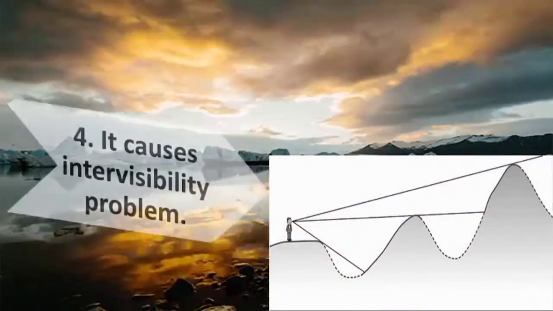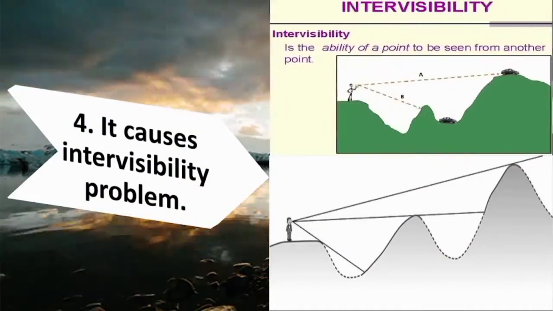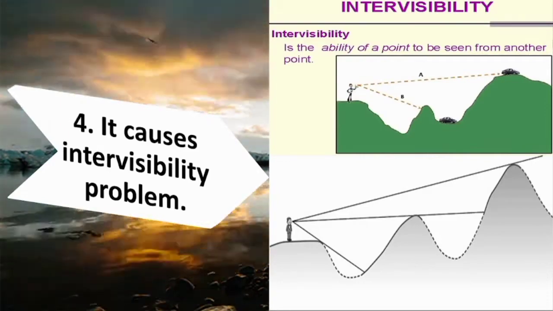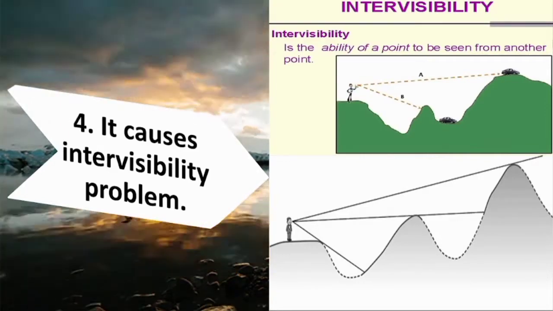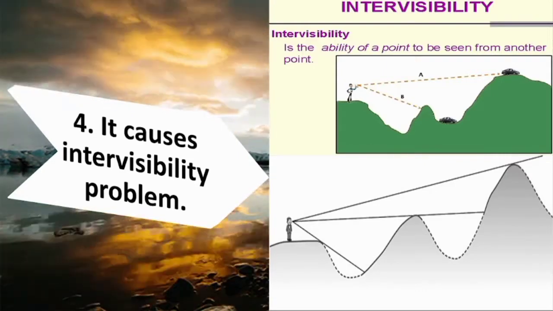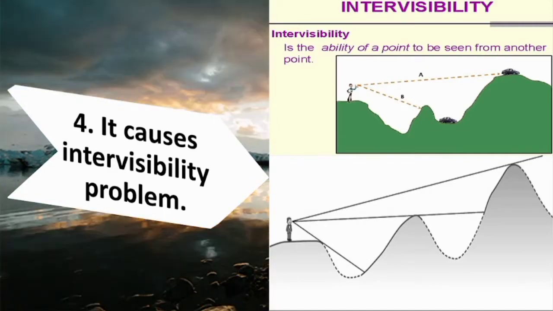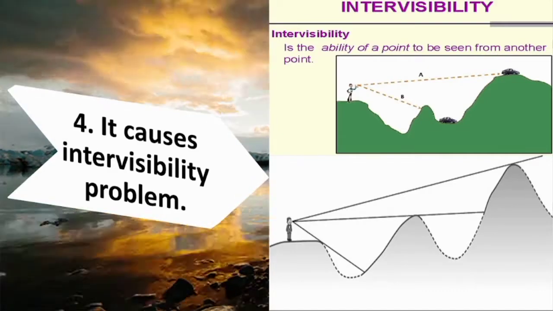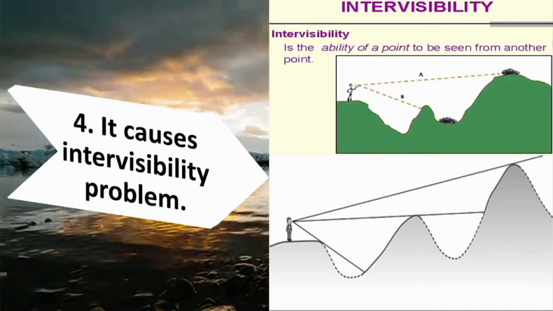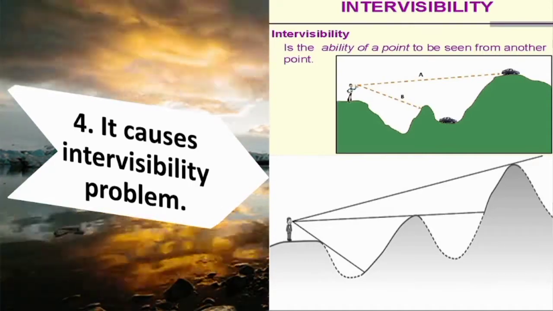Next, we'll talk about intervisibility problem. Areas where we have plateau usually have intervisibility problem. Now, when we talk about intervisibility, we're talking about the ability of someone to see the next one, or the ability of someone not to see the next one. If you are in a region where you have plateau, there's every tendency that you will not see the next person close to you.